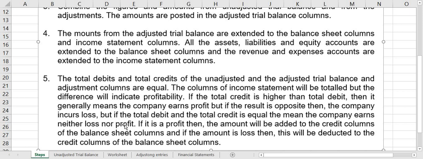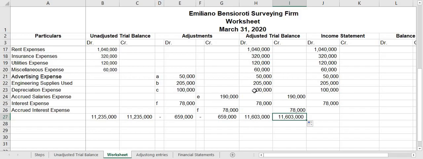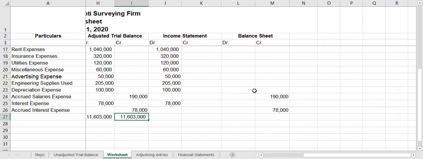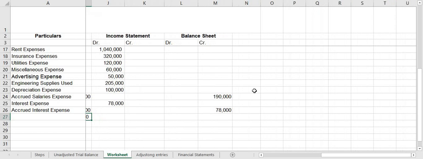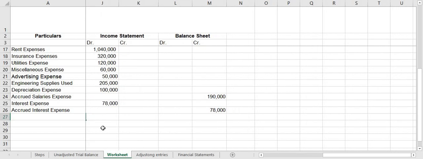No profit, no loss. So let us compute the balances of our income statement, the debit and the credit.